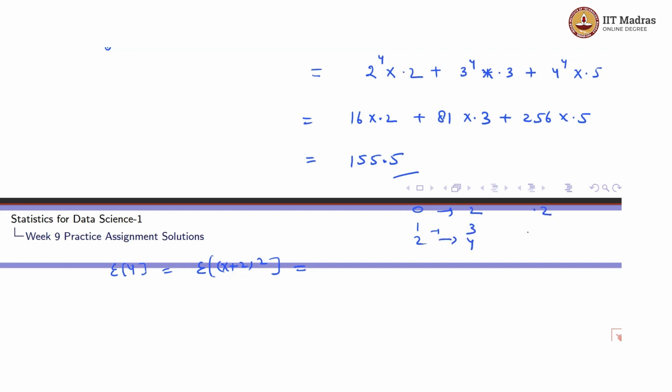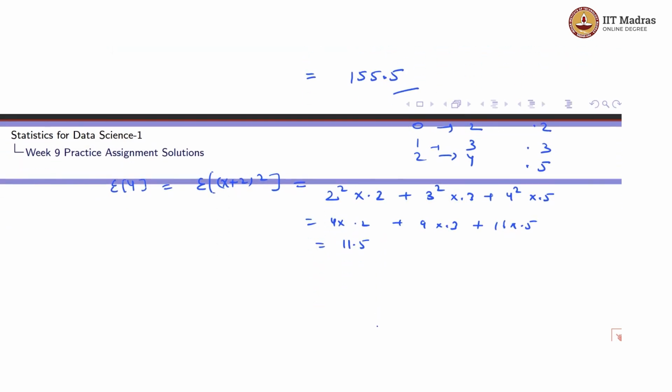Probability will also be 0.2, 0.3, 0.5. It will be 2 square into 0.2 plus 3 square into 0.3 plus 4 square into 0.5, which is nothing but 4 into 0.2, 9 into 0.3, 16 into 0.5, which again gives the value 11.5.